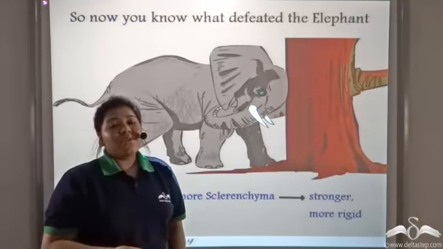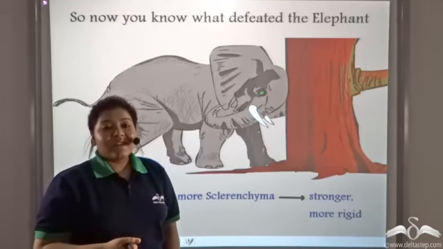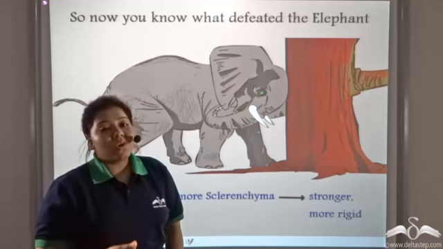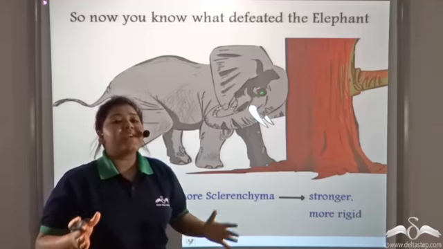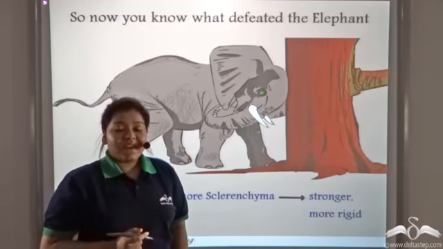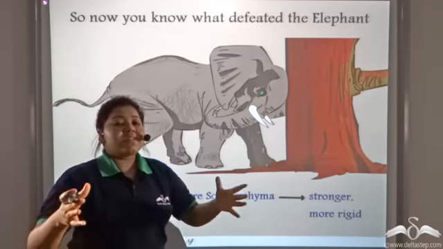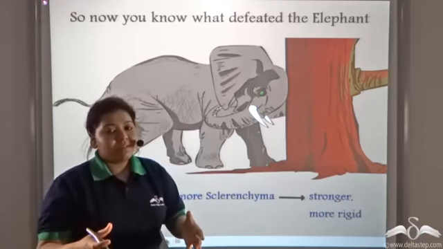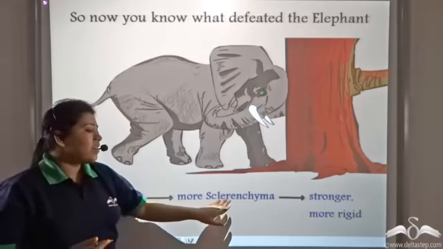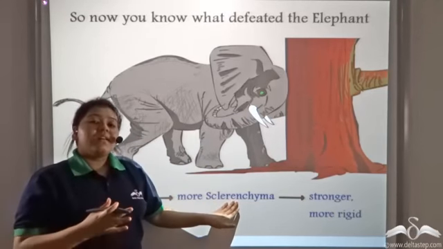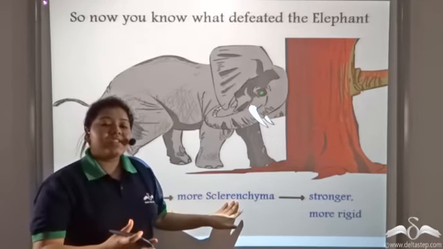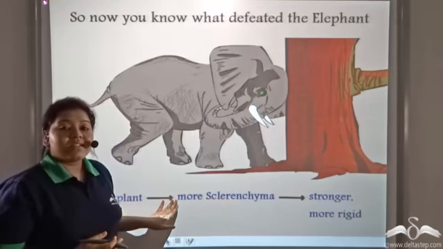So now you know what defeated the elephant. Why the elephant was not able to move the fully grown tree. Well, when a small sapling grows, more and more Sclerenchyma tissue gets formed, and these Sclerenchyma tissues give a lot of strength and rigidity to the adult plant.